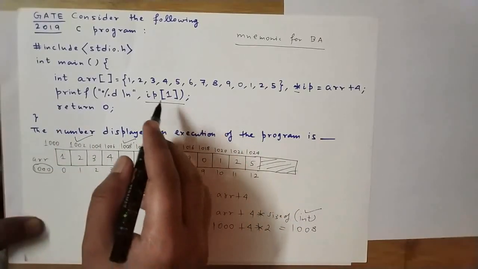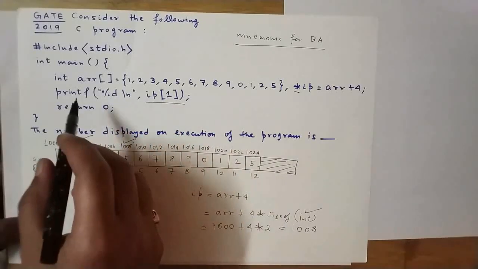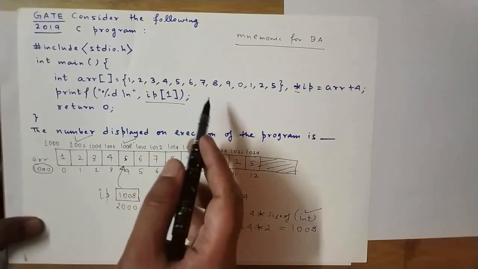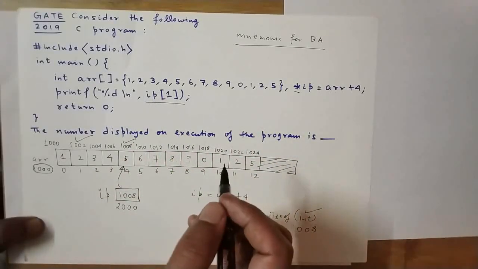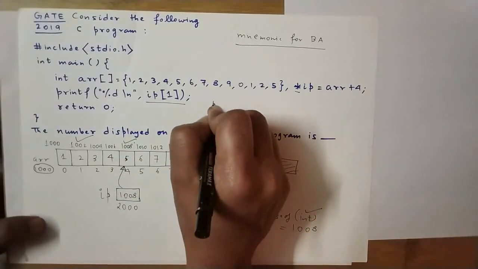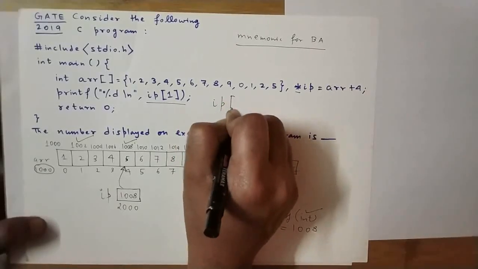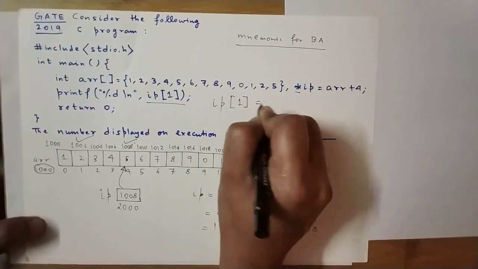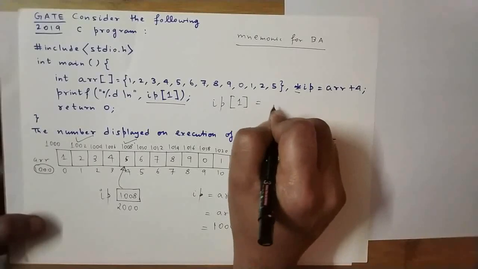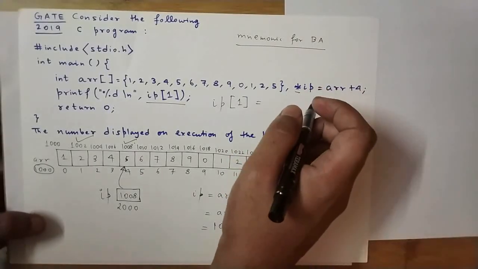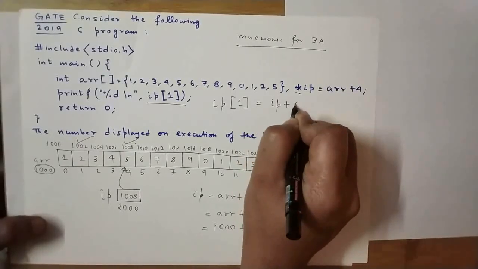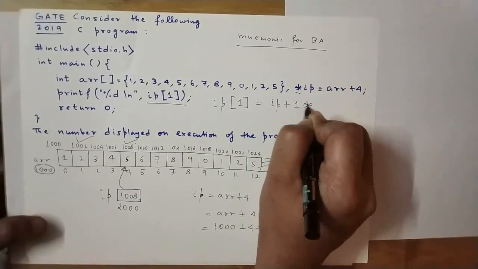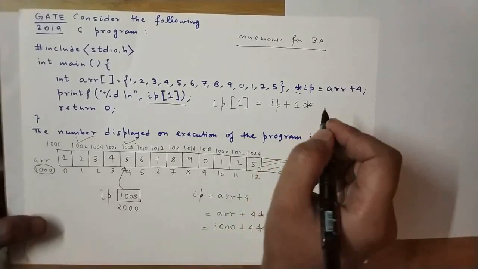But the thing is, IP of 1, or in fact even arr of 1, the internal calculation that takes place is not so simple. IP of 1 will be evaluated as *(IP + 1 * sizeof(int)).